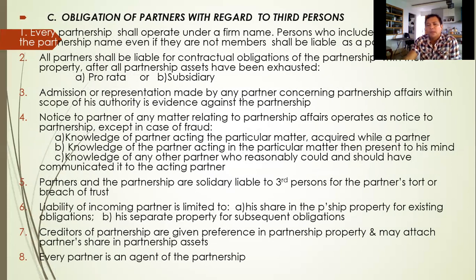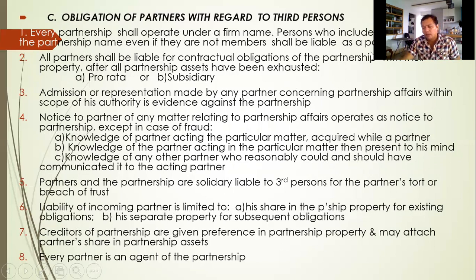Okay. Now we discuss the obligation of partner with regard to third persons or creditor. First obligation is every partnership shall operate under a firm name, and then persons who include their names in the partnership name, even if they are not members or not partner, shall be liable as a partner.